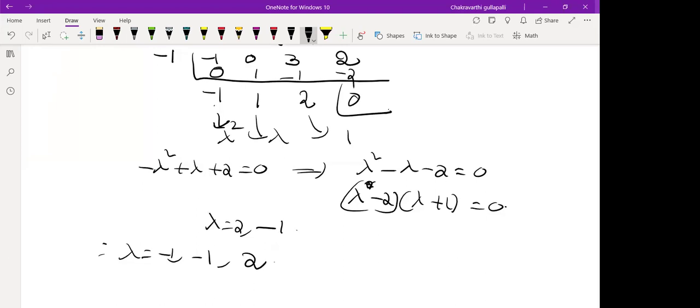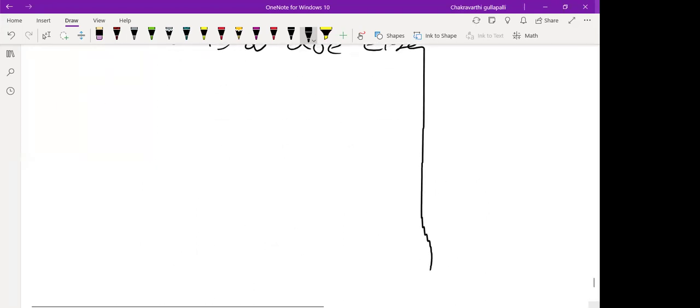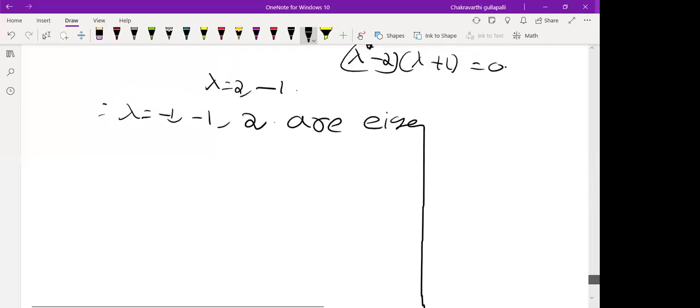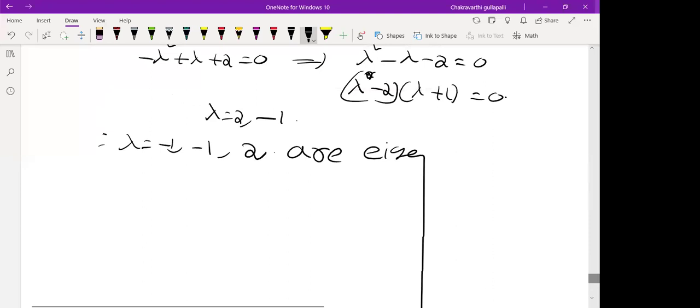These are the eigenvalues. So here we are getting 2 negative eigenvalues and 1 positive.